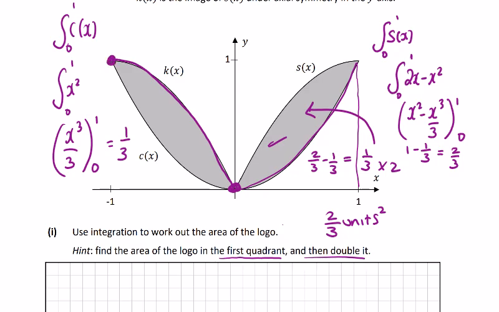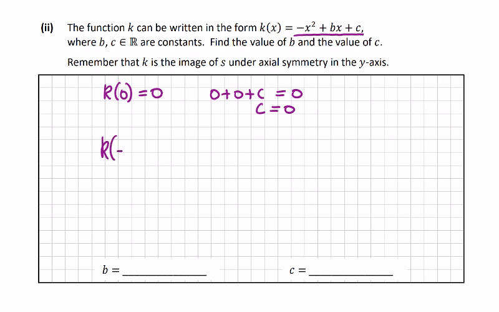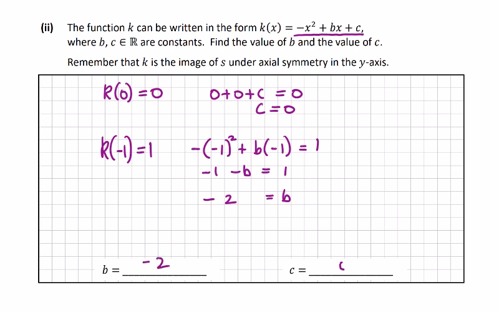So we can sub minus 1 in, the answer will be 1. K of minus 1 is equal to 1. So we're going to get minus 1 squared plus b times minus 1 equals 1. So we're going to get 1 minus b is equal to 1. So bringing b to the right and 1 to the left, we get minus 2 is equal to b. So b is minus 2 and c is 0.